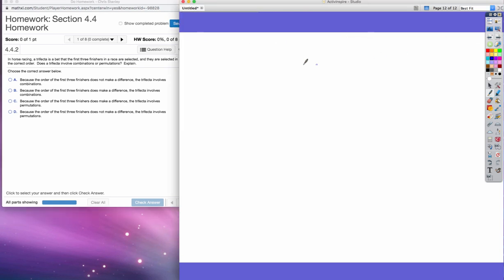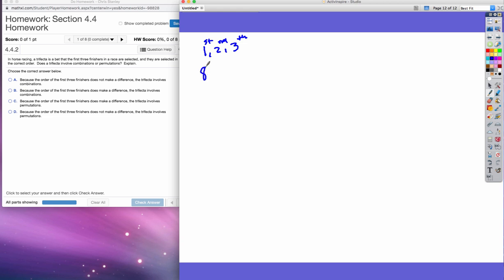Okay, in horse racing, a trifecta, combination or permutation. So a horse race would say something like the first 3 finishers. So this is first place, second place, third place.